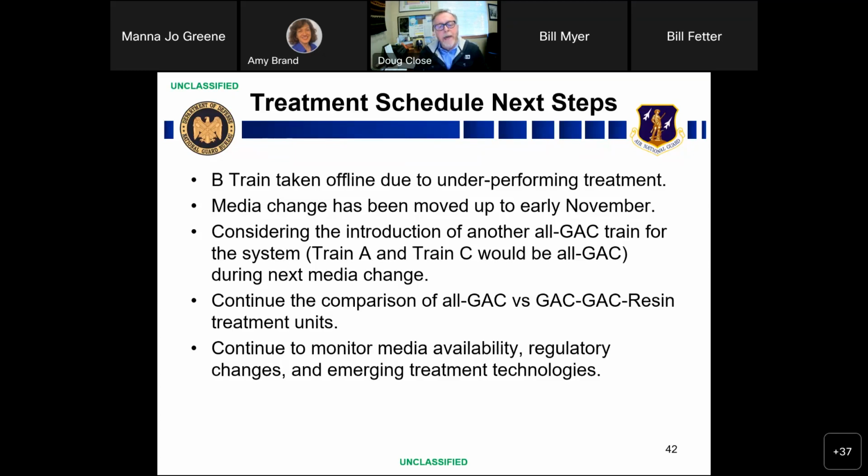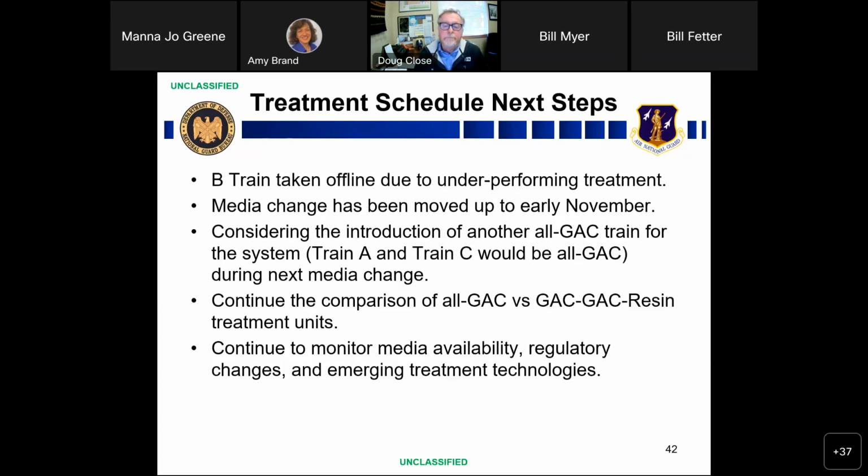And as we do that, and now that we are set up to do comparison samples, we can get side-by-side analysis of how those match up through the whole next media run, which would probably be the month of November through March of 2023. That would be our next anticipated change.